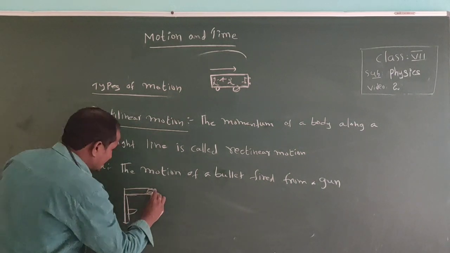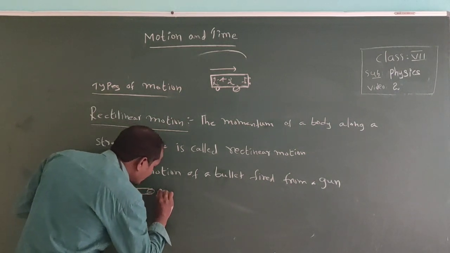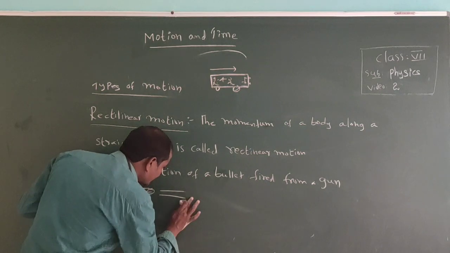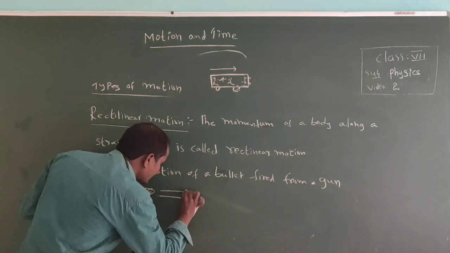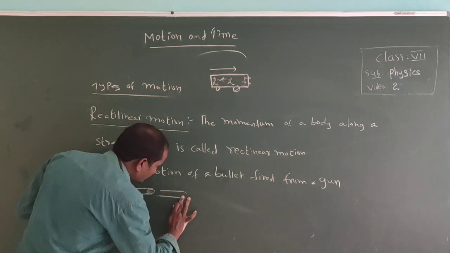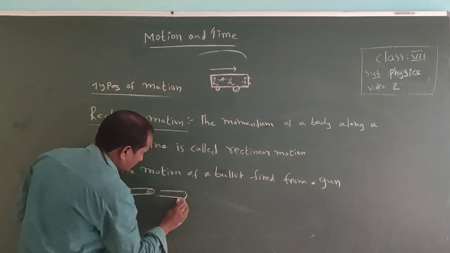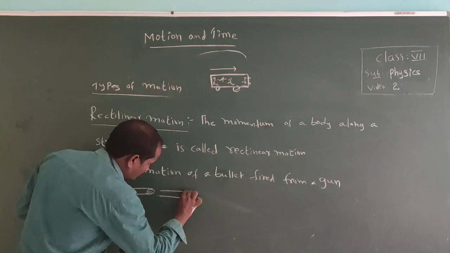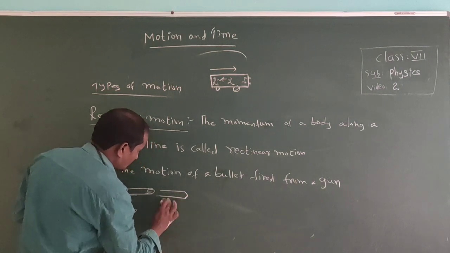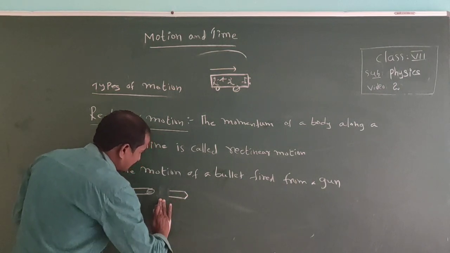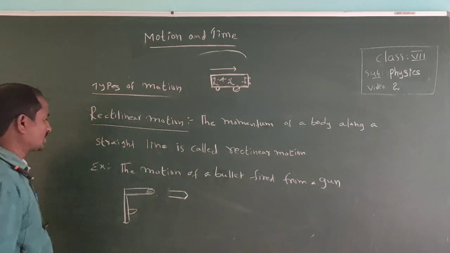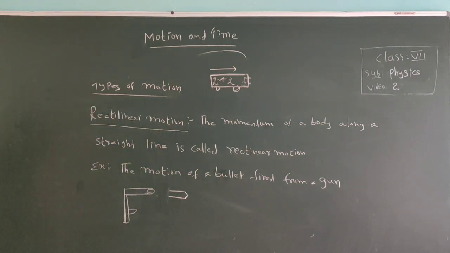After firing, the bullet is moving in a straight line. It is the motion of the bullet in a straight line. It is a rectilinear motion.